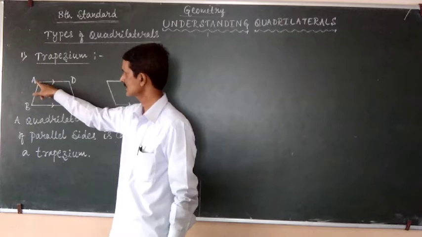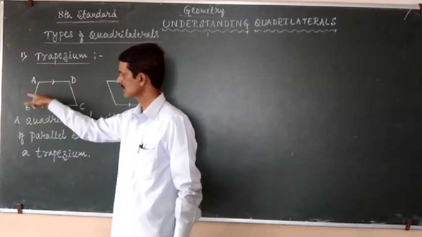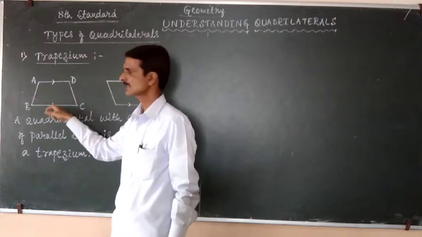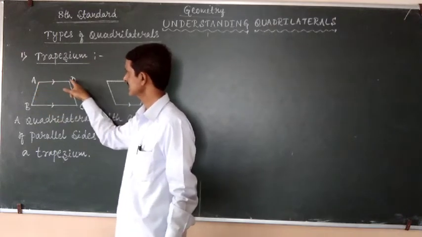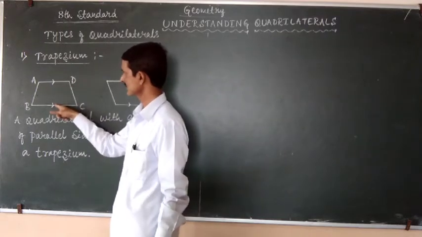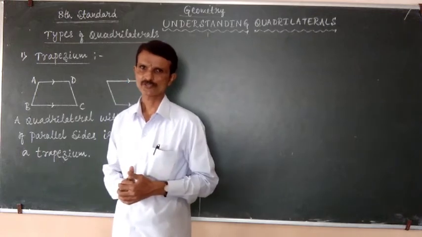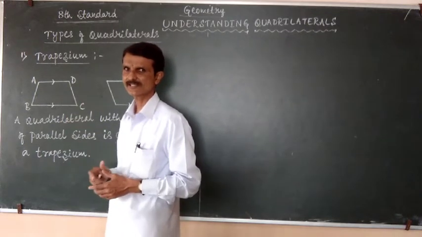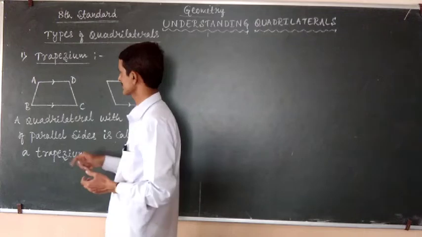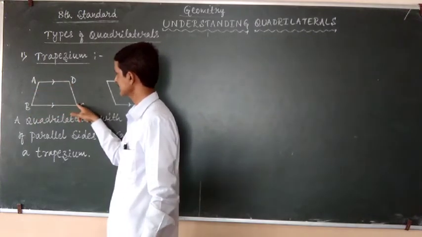In this quadrilateral ABCD, the side AD is parallel to side BC. This arrow mark symbol indicates they are parallel lines, which you have already studied in previous classes.